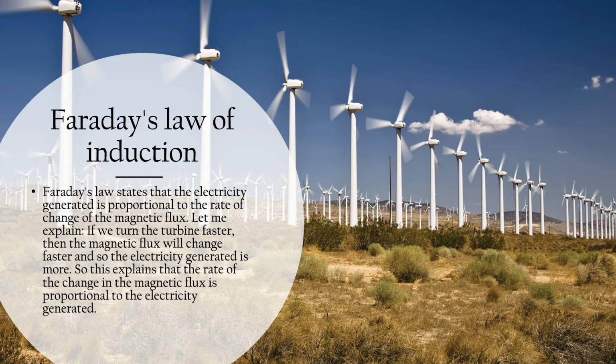So the magnetic field is changing near a coil of wire, and that's the turbine. If we turn the turbine faster, then the magnetic flux will change faster. And so the electricity generated is more, right? So this explains that the rate of change in the magnetic flux is proportional to the electricity generated.